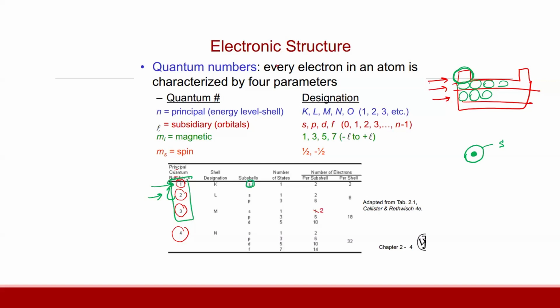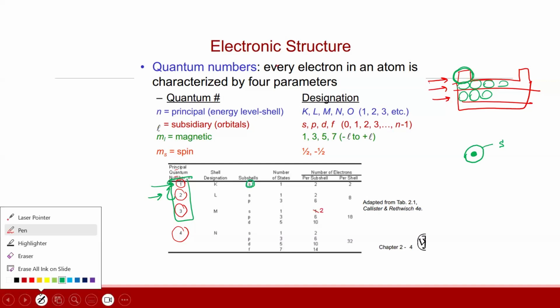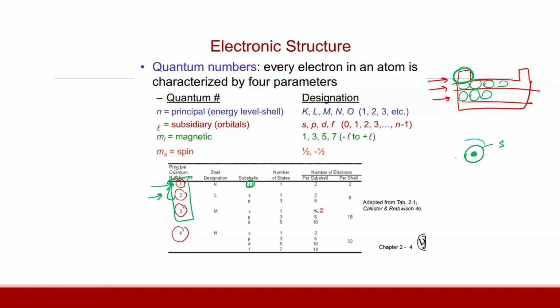But if you consider the second shell, it has two subshells. First one is the S, second one is the P. So these are just names given to that. If I write it in a proper way, first shell has just one subshell, S. Second shell can have S and P both.